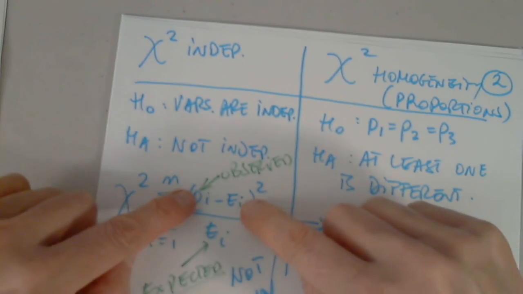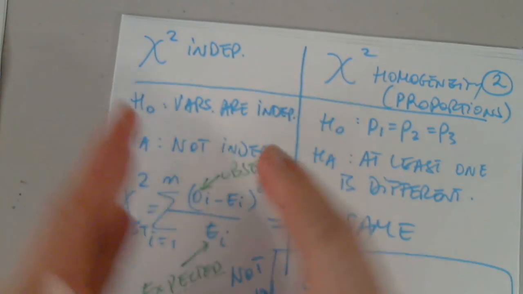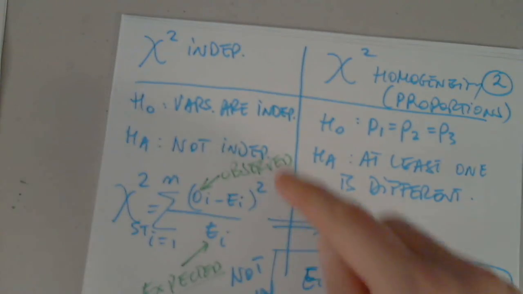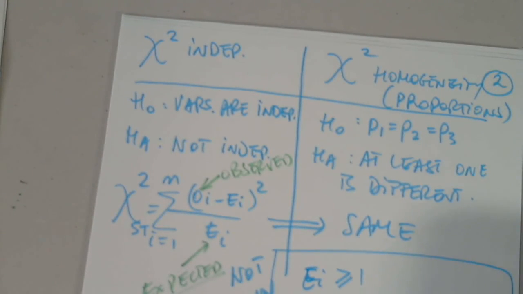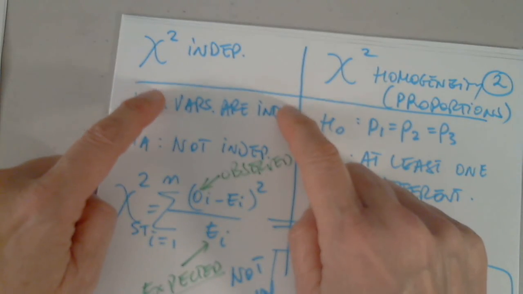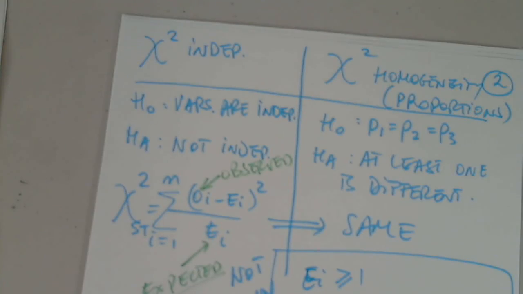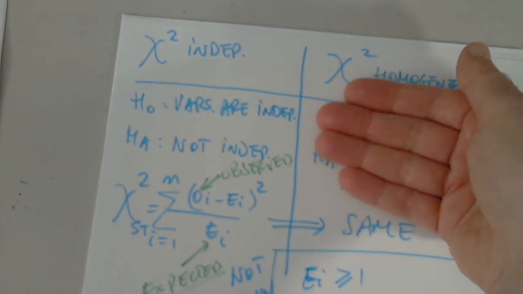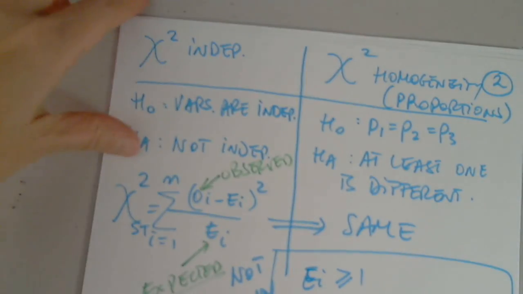So if those two numbers, the observed and the expected, are very close to each other, the variables are most probably independent. But if these two numbers are so far away from each other, we will most likely reject the null hypothesis. And I'll come back to this test. Let's conduct this one first.